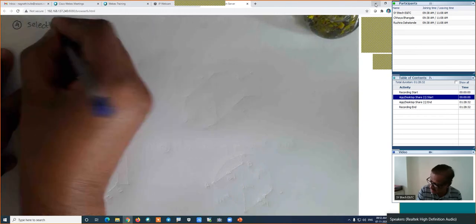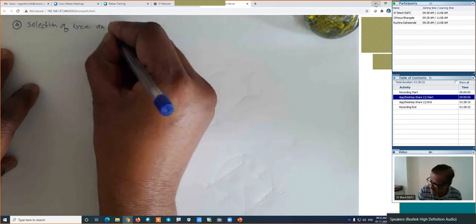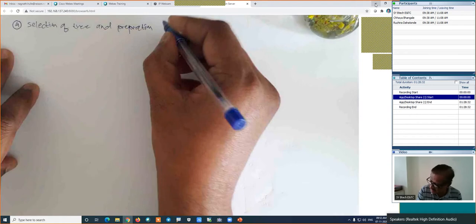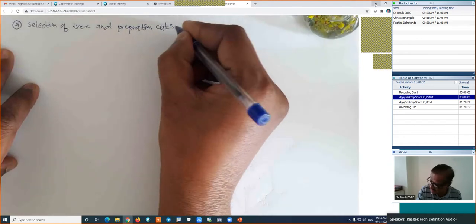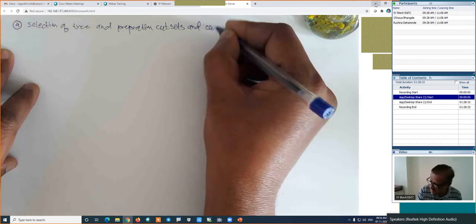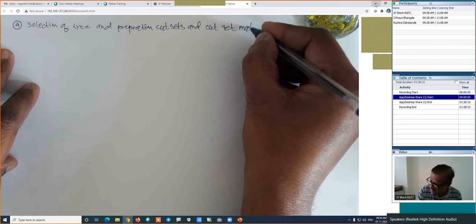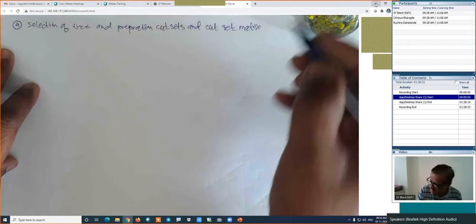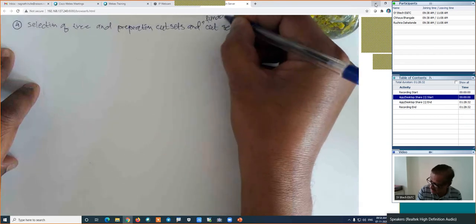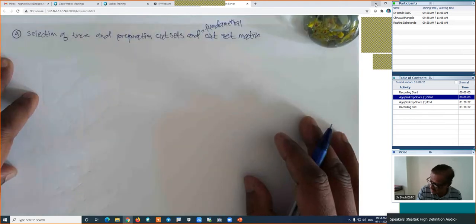Selection of tree and preparation of cut sets and cut set matrix. Which is fundamental, or I will write here fundamental cut set matrix. Preparation of the fundamental cut set matrix.